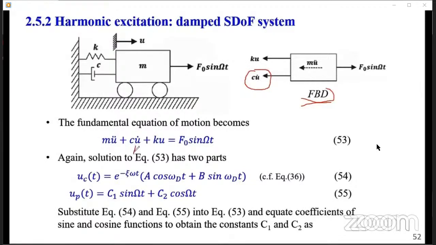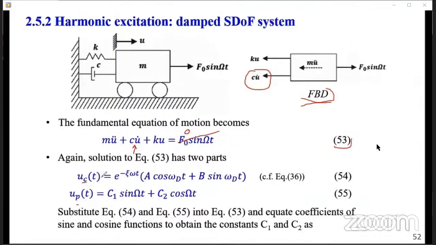So in our equation 45, now we reintroduce this damping component. We have equation 53. Again, the solution of equation 53 has two parts, the complementary and the particular. The complementary is obvious because we assume the right-hand side equals 0, so this equation just becomes free vibration of the damped single degree of freedom case.